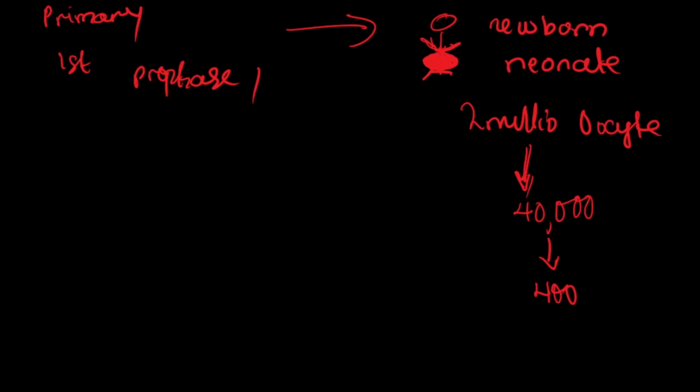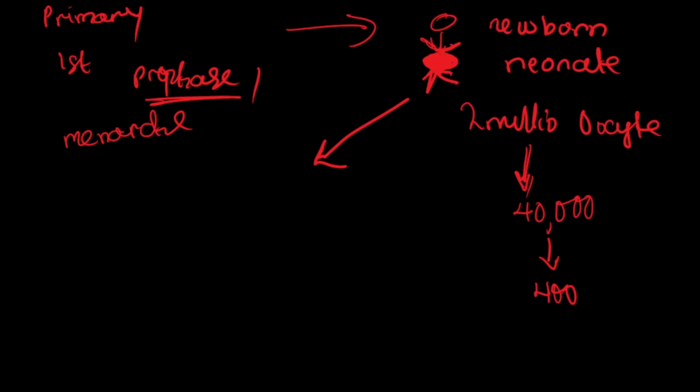Only about 400 of these primary oocytes mature into secondary oocytes and are ovulated. Now, all of these primary oocytes, remember, are at prophase 1 and they remain at prophase 1 until just before menarche, just before puberty hits.